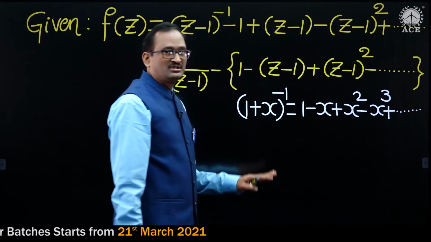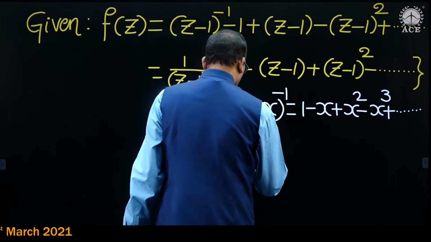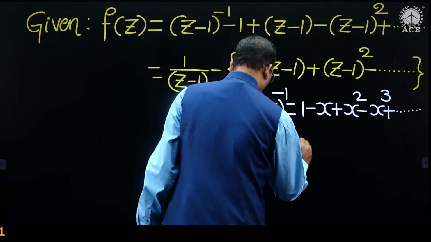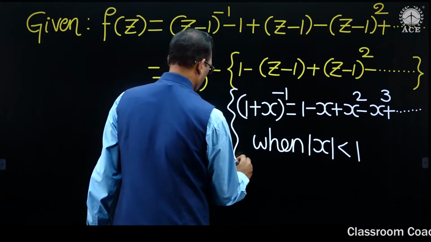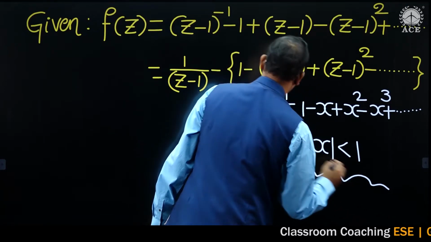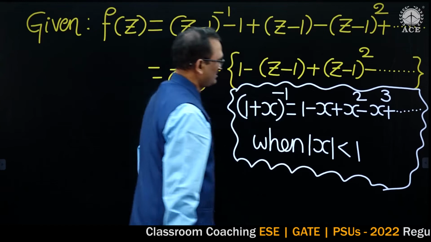Do you know this binomial expansion is valid in the region mod x less than 1?